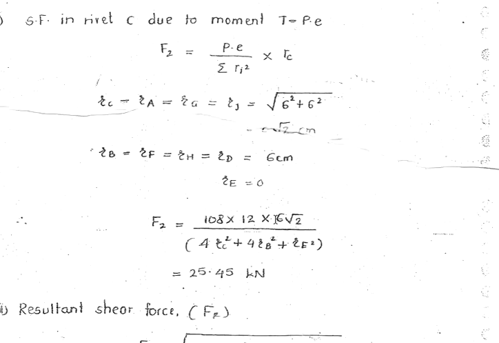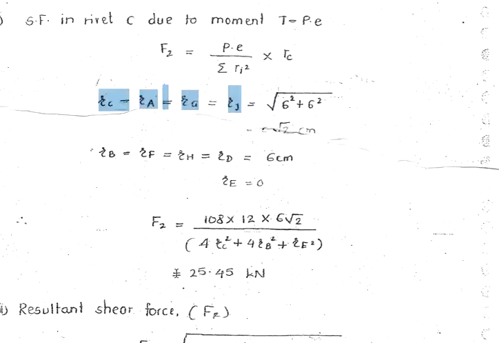So this becomes, when we are using 6 root 2, this is for these fasteners C, A, G and I. So 25.45 kilonewton is the shear force registered by the C, A, G and I rivets.